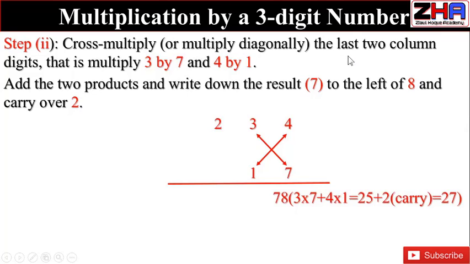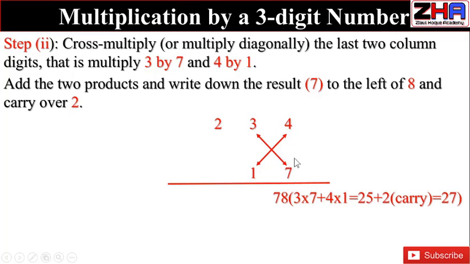Step 2. Cross multiply or multiply diagonally the last two column digits, that is multiply 3 by 7 and 4 by 1. Add the two products and write down the result 7 to the left of 8 and carry over 2.